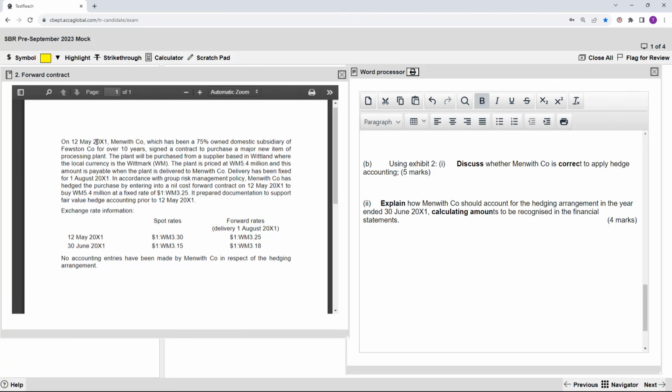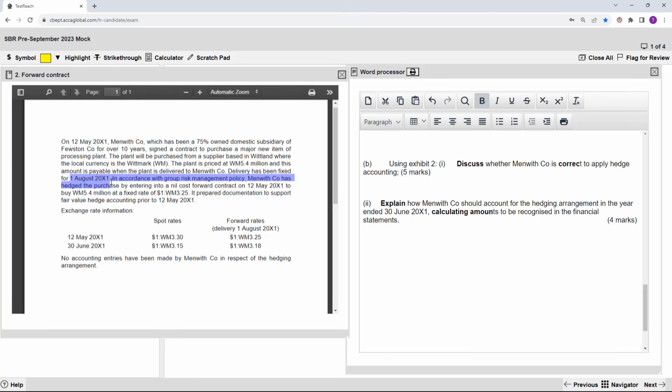Our year end is 30 June. So when we enter into a transaction in May X1, it's just before the year end. And we're going through a 75% sub, so the NCI will be impacted by any additional gains or losses. Now, this company has signed a new contract to buy a plant in Whitmark, payable in August X1 after the year end.